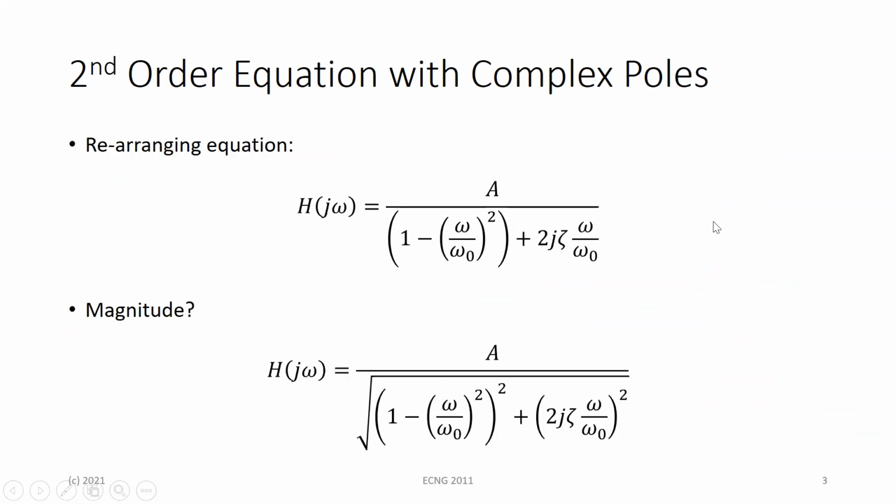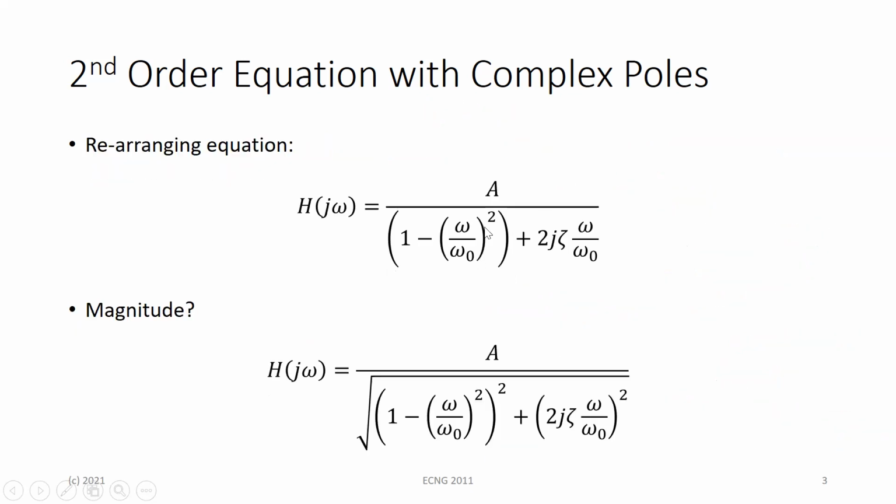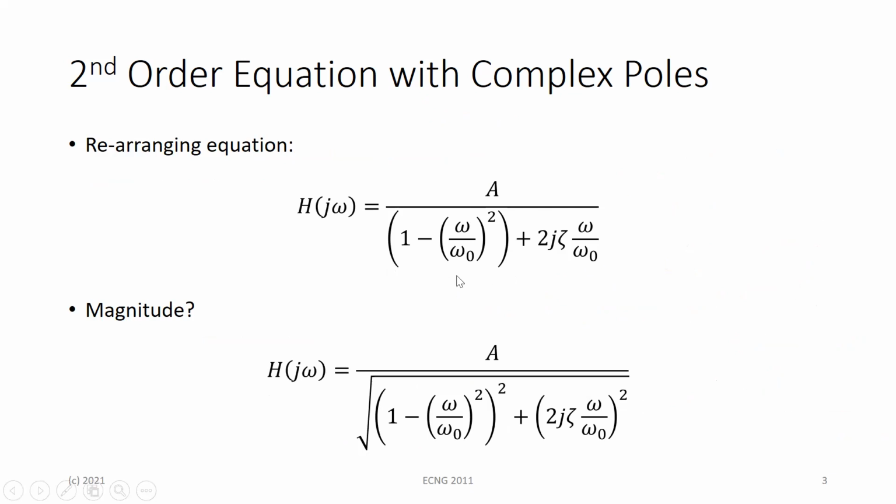So let's rearrange. You remember, we like to get it into a form that we could plot the frequency response. What we do from here to here is divide everything through by omega 0 squared to get the behavior. I divide through by this, and I get it into a form looking like this now.